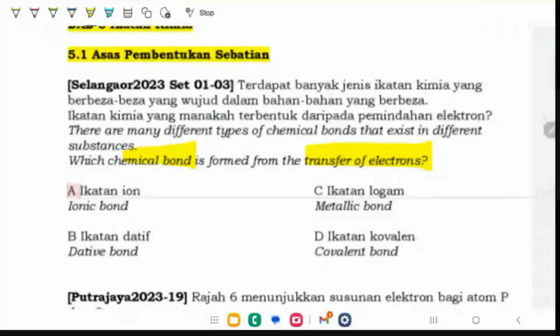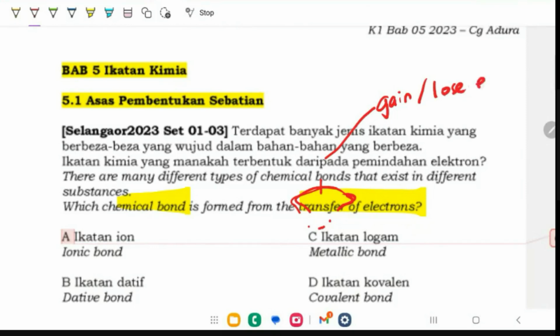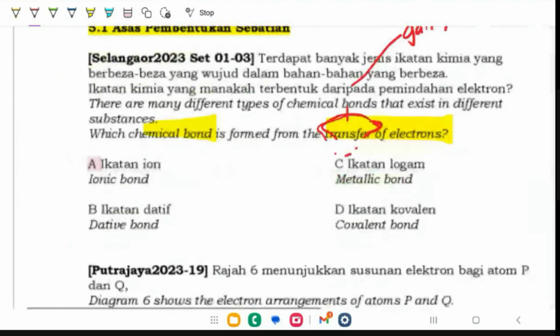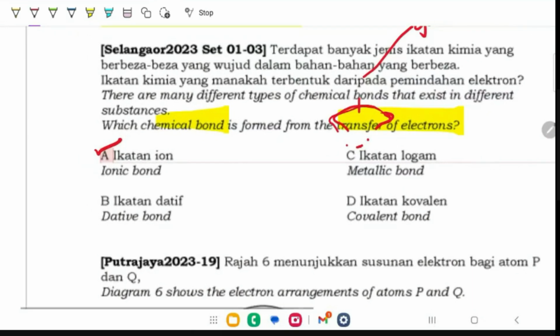If you see the word transfer, it means gain or loss of electrons. During the sharing of electrons, you cannot use the word transfer. So only ionic bonds, ionic bonds is the answer.